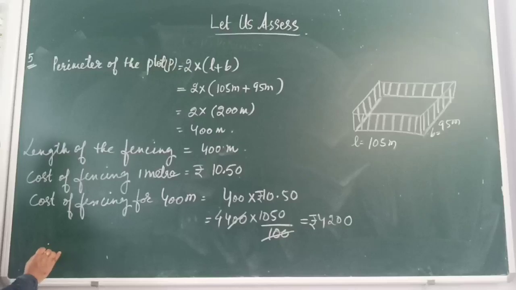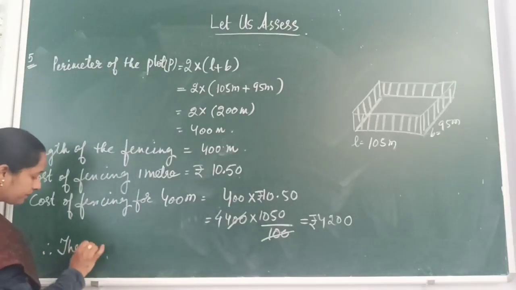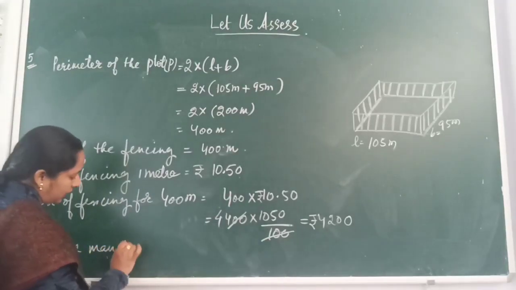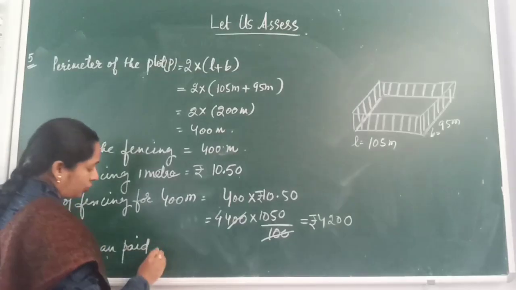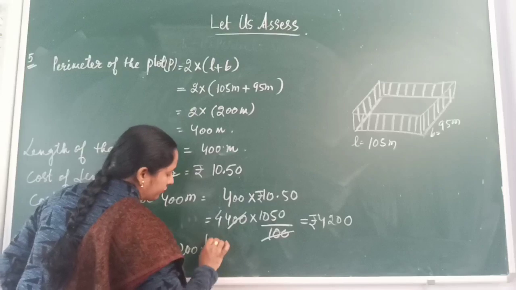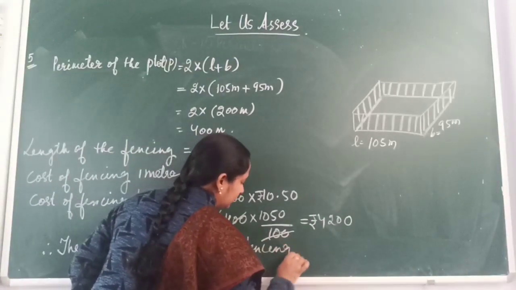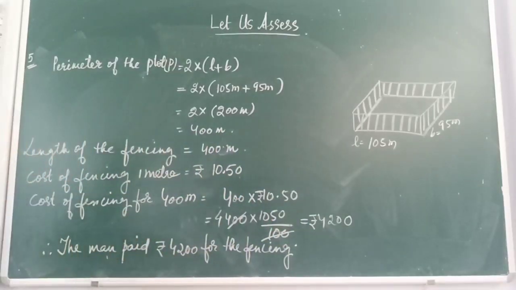So therefore you can write, how much did he pay for the fencing? Therefore the man paid rupees 4,200 for the fencing. Understood?